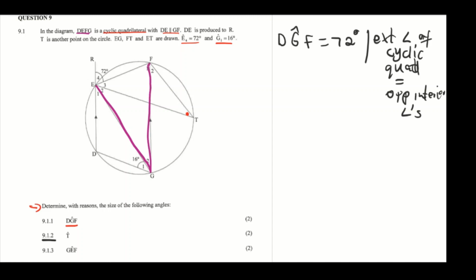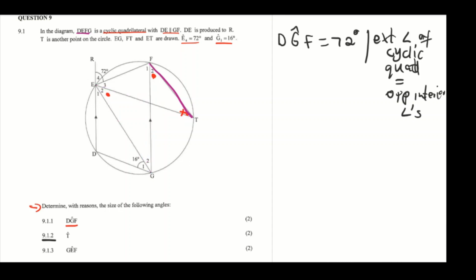I'm sure you're familiar with this shape. It's the one of angles in the same segment, right? Meaning that this angle here is equal to this angle here, and this angle here is equal to this angle here. So for us to find angle T, we need to find angle G first, G2, by the way. So how do we find G2?